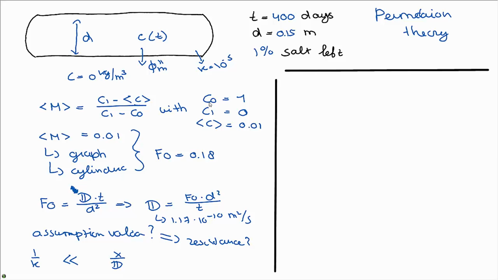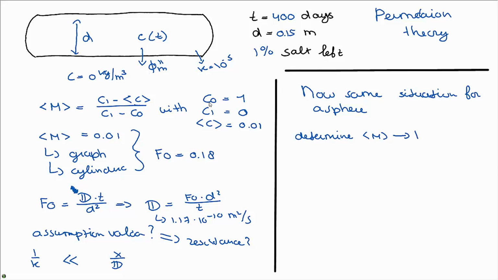The next question was to determine the time inside a sphere. Now this was exactly the same situation, only for another geometry. So first determine M in the same way as you did for the cylinder.